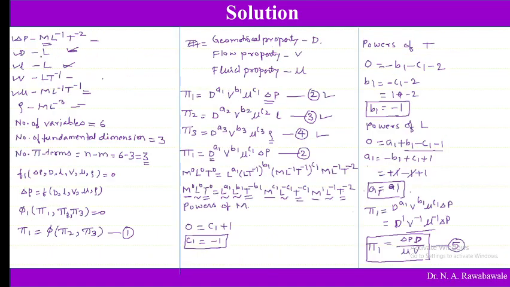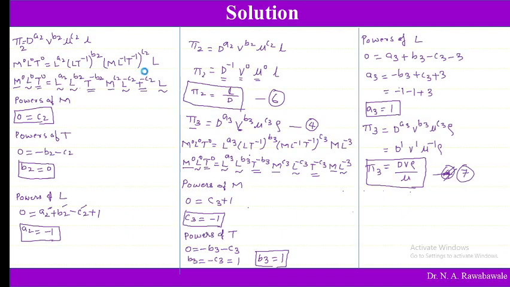So collecting equation number 1, pi 1 is equal to phi of pi 2, pi 3. So this is equation number 1.